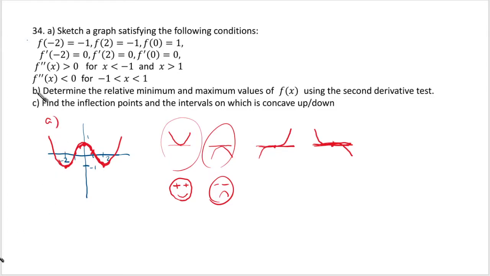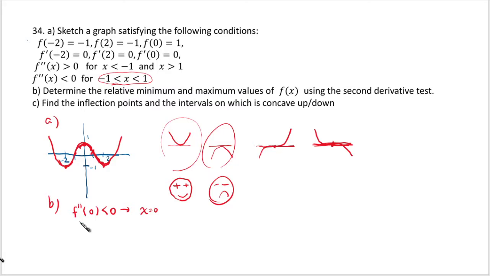Alright, now let's move on to part B. Determine the relative minimum and maximum values of f(x) using the second derivative test. Well, f double prime of 0 is negative, because when x is 0, it satisfies this condition.